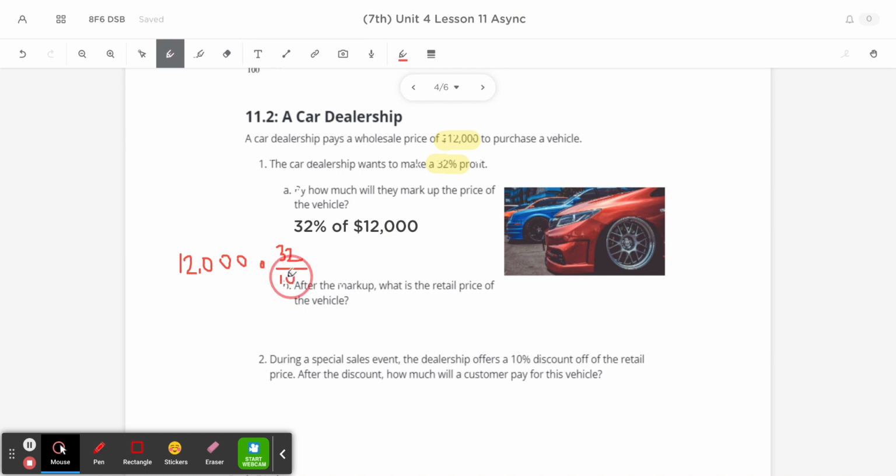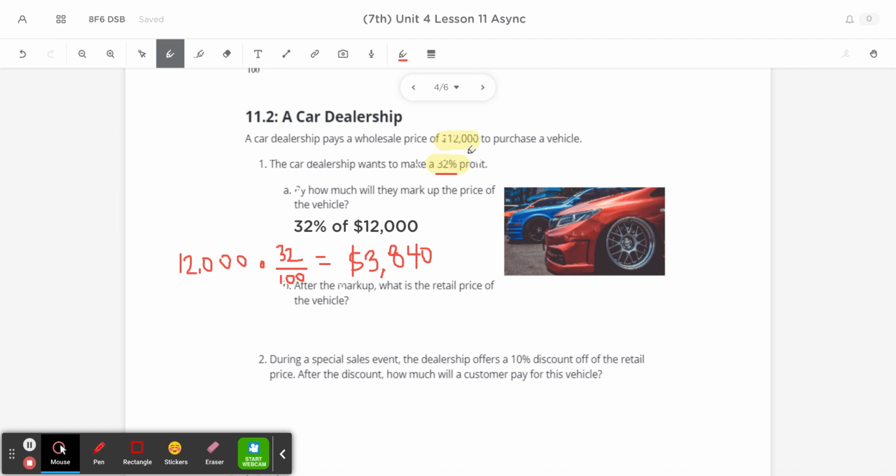And of course, this is the type of question you would definitely want to use a calculator for. If I multiply 12,000 times 0.32, I end up with $3,840. And that is how much the car dealership will increase the price by to make their profit of 32%.